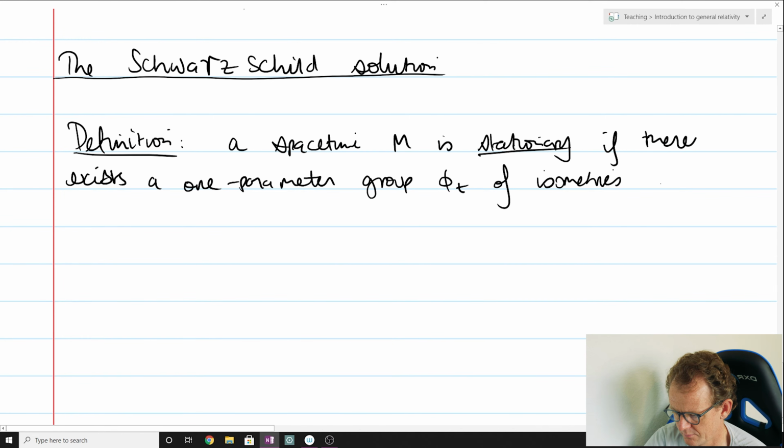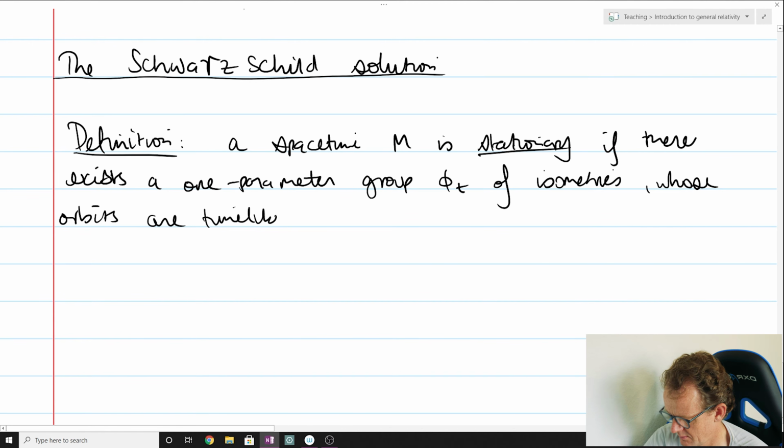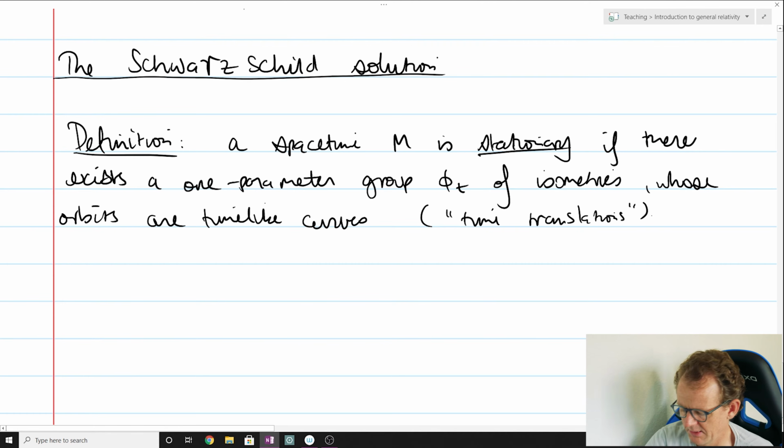And here is the first definition that we can exploit to capture this concept. So this is a perfectly rigorous definition now. A spacetime M is stationary if there exists a one-parameter group phi t of isometries whose orbits are time-like curves. And these are somehow the time translates. So that's what it means for a spacetime to be stationary.